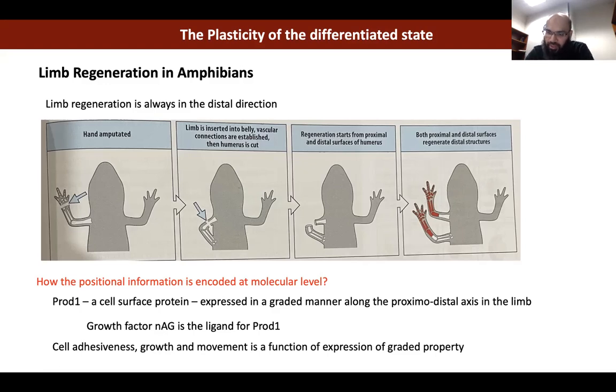So you can consider PROD1 as a kind of inhibitor of proximal limb growth. And that's why in both these situations, the limb grew always in the distal side. And this anterior gradient protein is the ligand for PROD1.